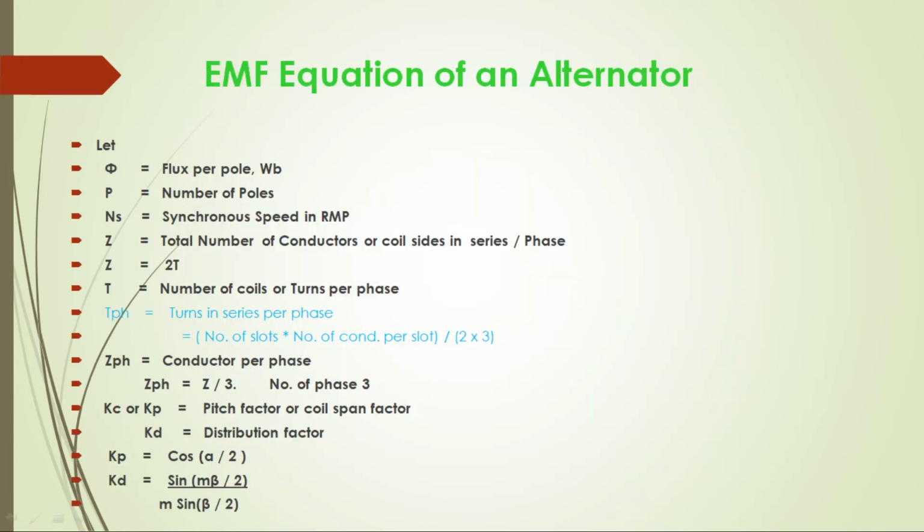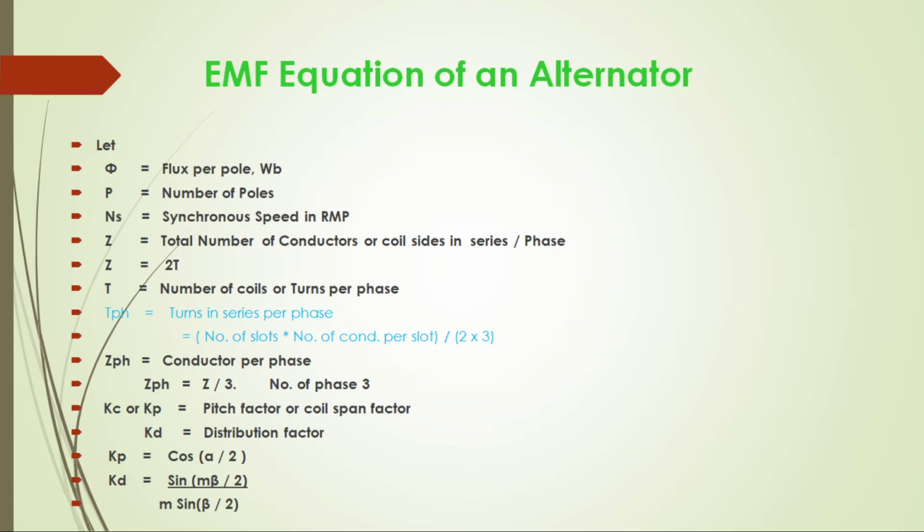Let us see the EMF equation of alternator. If phi is the flux per pole in Webers, P is number of poles, Ns is the synchronous speed in rpm, Z is the total number of conductors, Z is equal to 2T, 2 is nothing but number of turns.